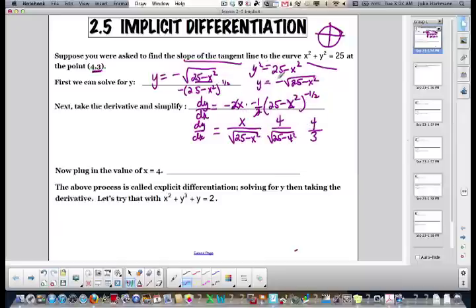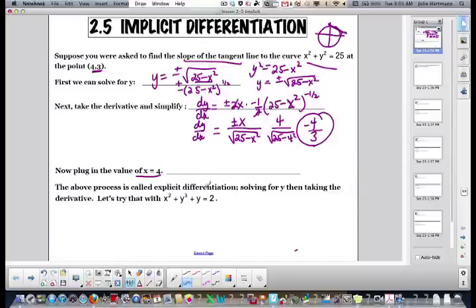When we put in that square root, it is plus or minus. Now we decide at the point (4, 3), that's a negative slope, so it is the negative answer we're looking for. So, negative 4/3. Oh, I did that step early. Okay, so negative 4/3 is our slope of the tangent line.